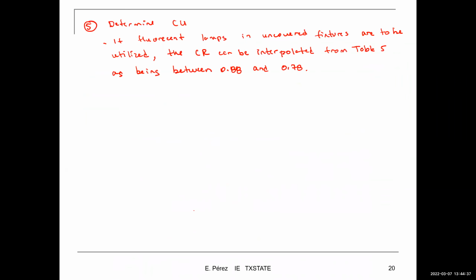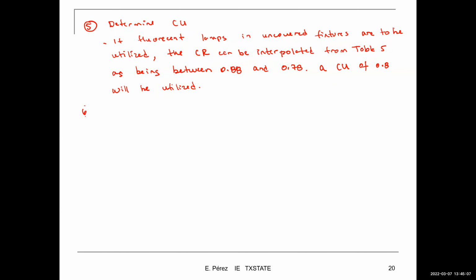But with interpolation, a coefficient of utilization of 0.8 will be used. And if you have a calculator that can be programmed, you can do interpolation very easily.